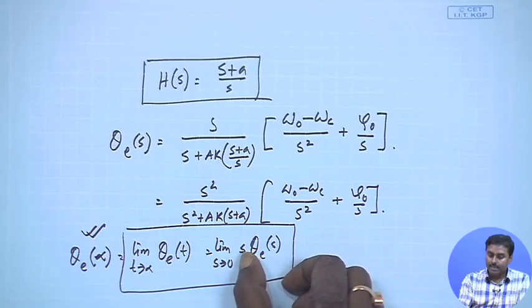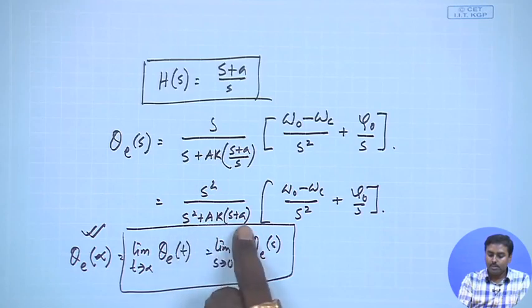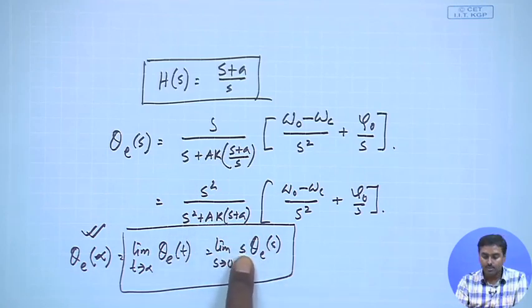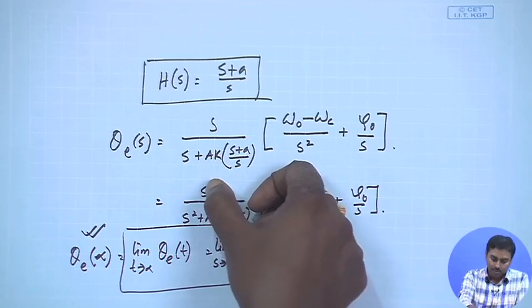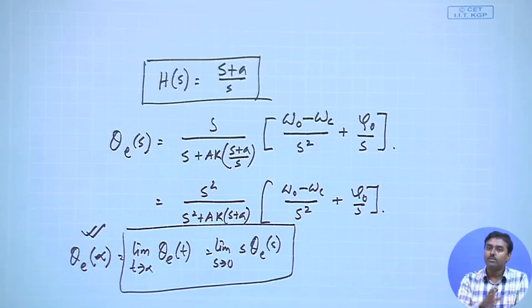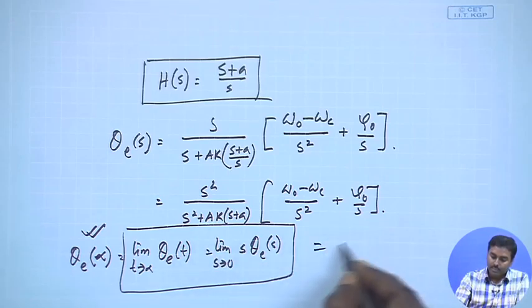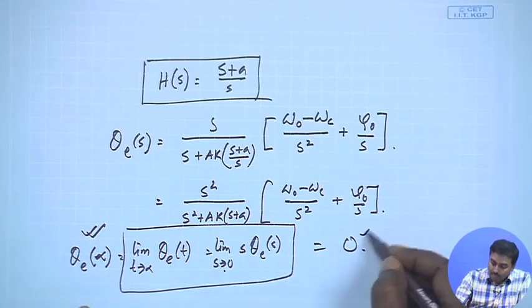If I do that, you can see that as s tends to 0, I am multiplying by s. For this term, s square gets cancelled, s tends to 0, this will have some value, but I will still have an s. If I put s tends to 0, this particular part will go towards 0. The same thing happens over here, because only one s will be cancelled, there is already one s, and another s will be coming from here. If I put s tends to 0, that part also goes to 0. So, my final value is 0.